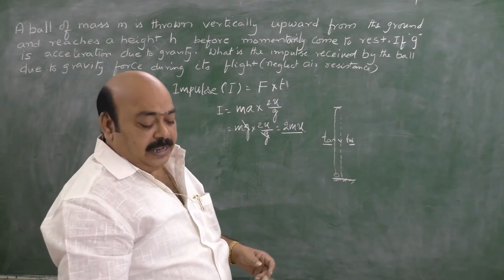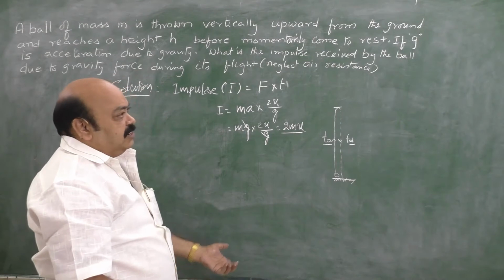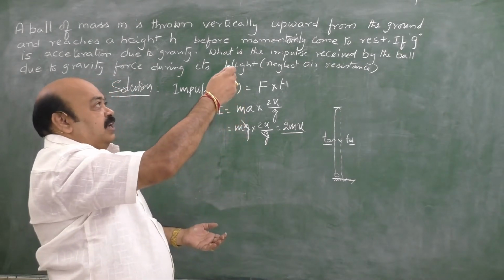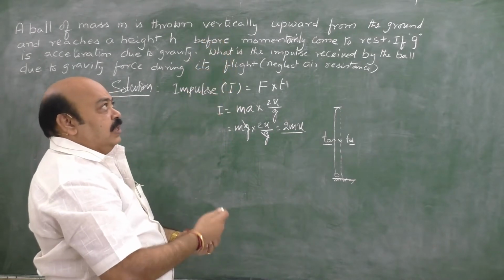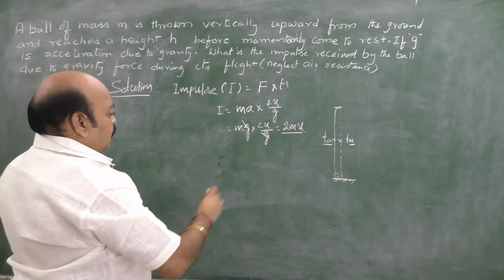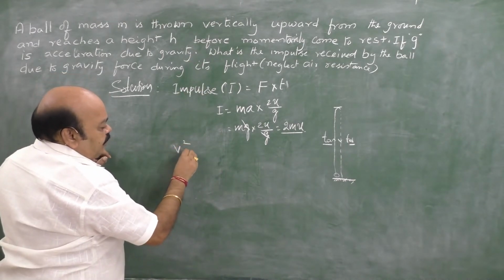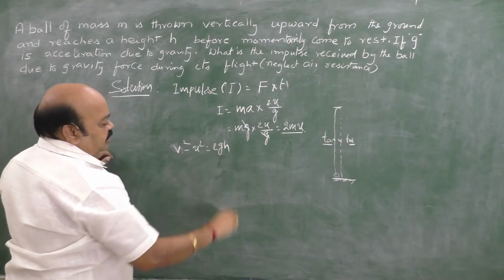kinematics. Kinematics in vertical motion: when a body is projected with an initial velocity u, as it moves up, what happens? Its velocity decreases because Earth's gravitational pull acts downwards, and finally it becomes 0. Making use of the formula v square minus u square is equal to 2gh. What is v?